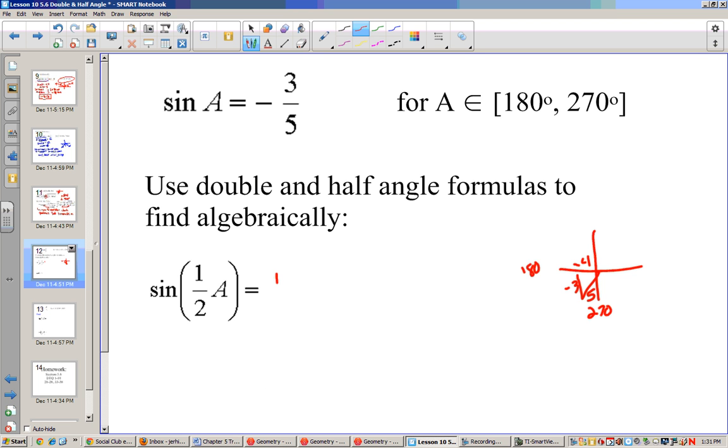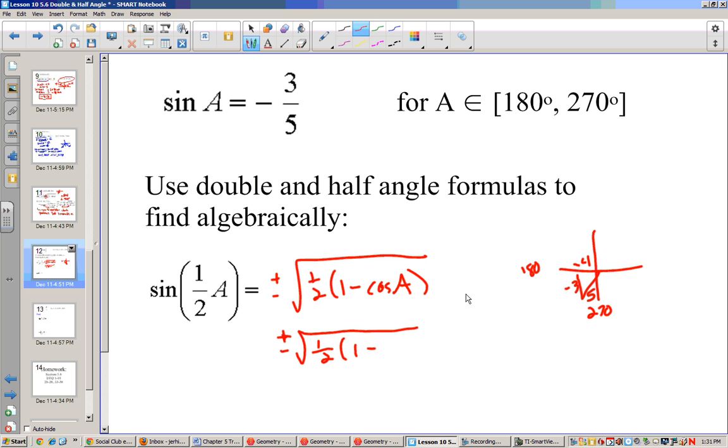Well, we know the formula for sine of 1/2 A is plus or minus the square root of 1/2 times 1 minus cosine of A. Well, the cosine of A here is negative 4 over 5. So 1/2 times 1 minus a negative 4/5.